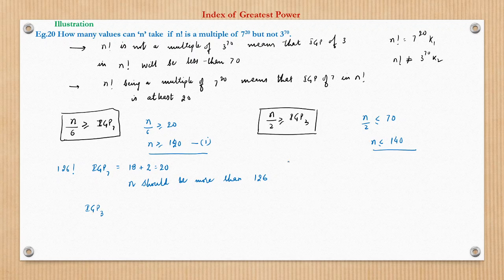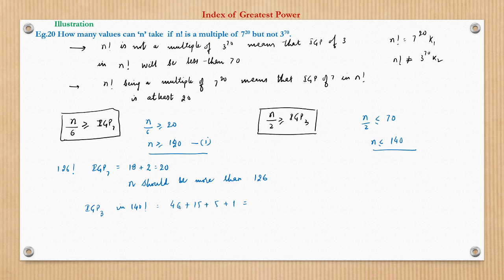Now IGP of 3 we have to check in 140. Let us check in 140 factorial, how much is it? So 140 by 3, let us see here. It will be nothing but 3 4 ja 12, 2 3 6 ja, then 15 times it will go, then 15 by 3 is 5, 5 by 3 is 1.